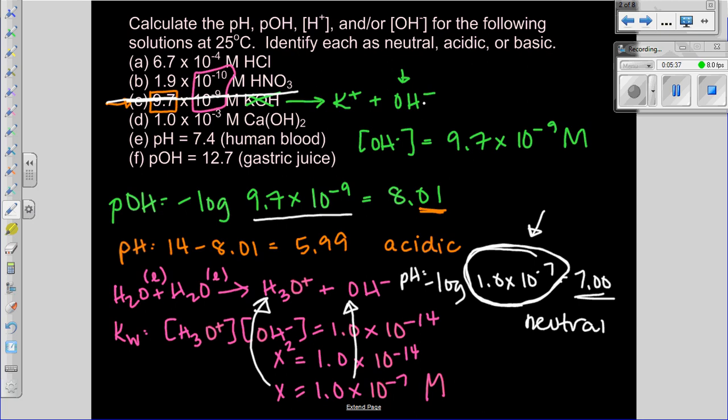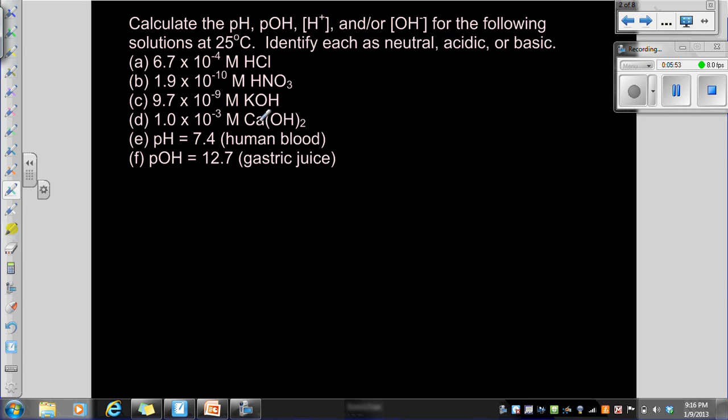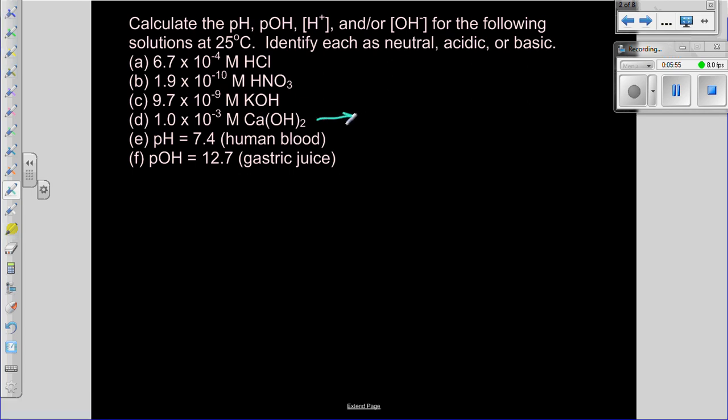Okay, next example. So we're doing D. So let me go erase this. And I'm going to do D. What I want to think about is that this is a strong base, so it is going to completely dissociate or split into its ions. But because I have a subscript of 2 for my hydroxide, I need a coefficient of 2 in front of this hydroxide.